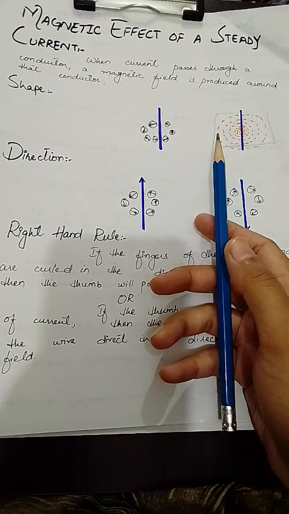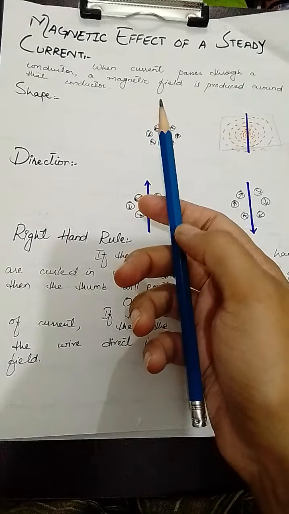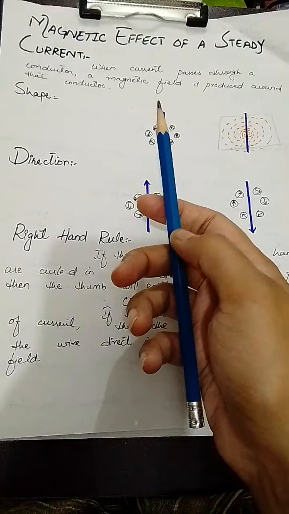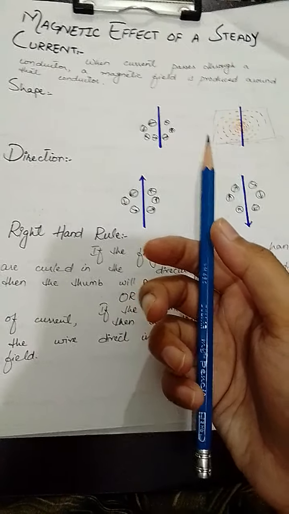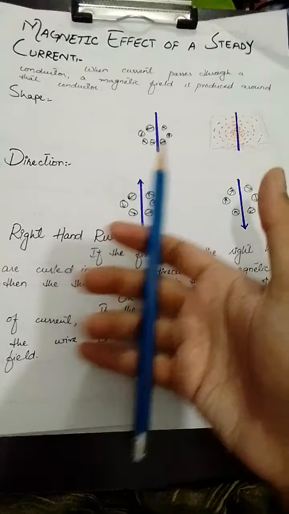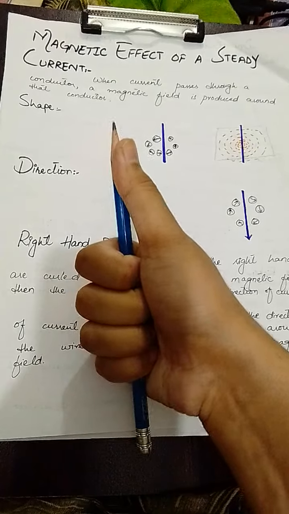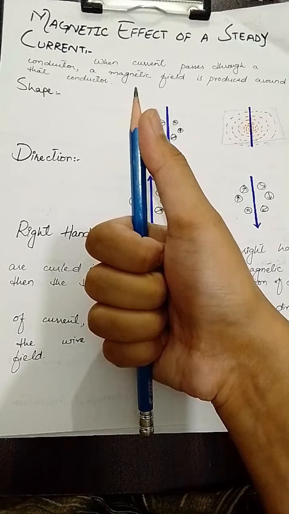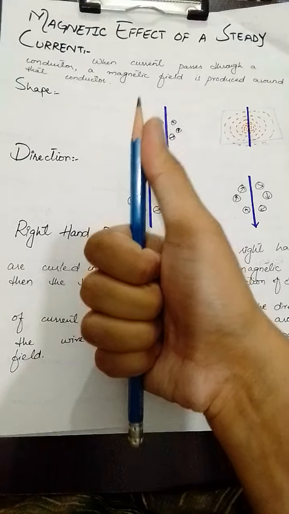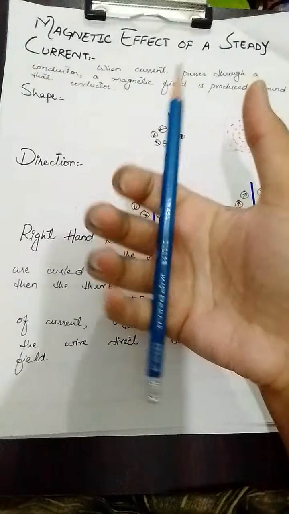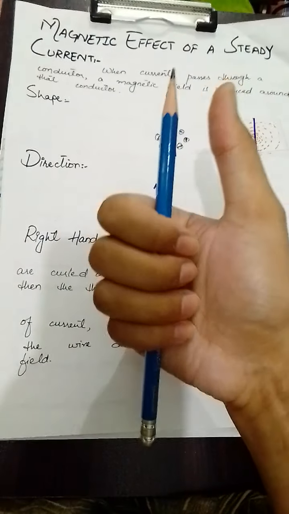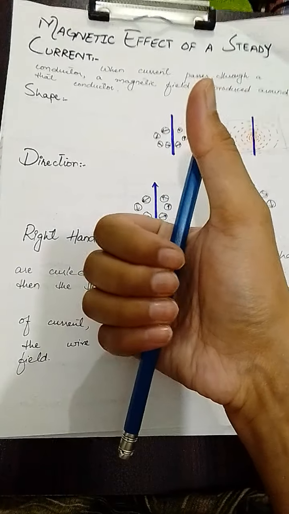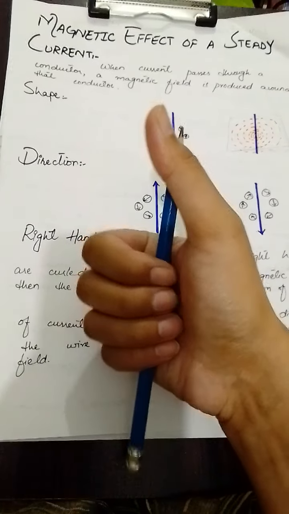How will we know in which direction the magnetic field generated around this conductor will be? To find the direction of the magnetic field, we have to use the right hand rule. It says that if we grab this conductor with our hand, just like this, and keep the thumb in the direction of the current, then the curl of the fingers, see my curl, determines the direction of the magnetic field.